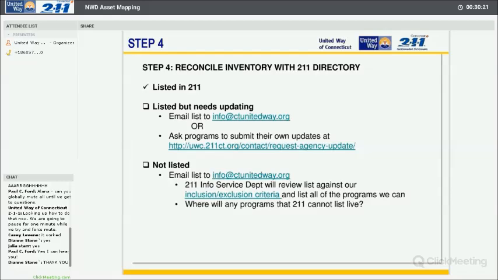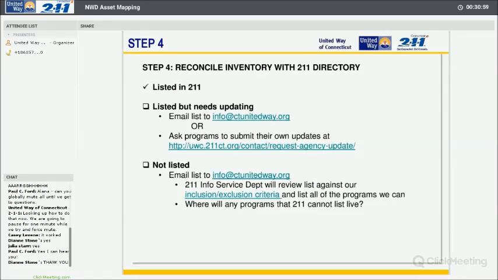And again, you can email that spreadsheet of all the ones that aren't listed to our information services department, and we will review all of those with the intent of trying to list as many of those programs as we possibly can in the 2-in-1 database, so that they can live there and be updated on a regular basis, and accessed via My Place and the 2-in-1 website. So we will review that list against our inclusion and exclusion criteria and list all the programs we possibly can.